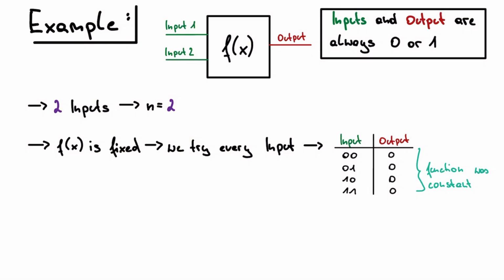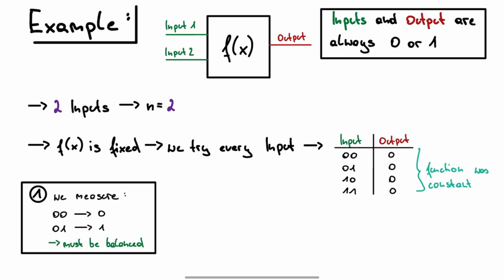Now we'll do it again. We send in the input 0,0, and we get an output of 0. Then we send in 0,1, and now we get an output of 1. Now, if we think about it for a second, it's already clear that the function must be balanced. Why? Because the function is only allowed to behave in 3 ways. It can return only 0, only 1, or exactly 50% 0 and 50% 1.